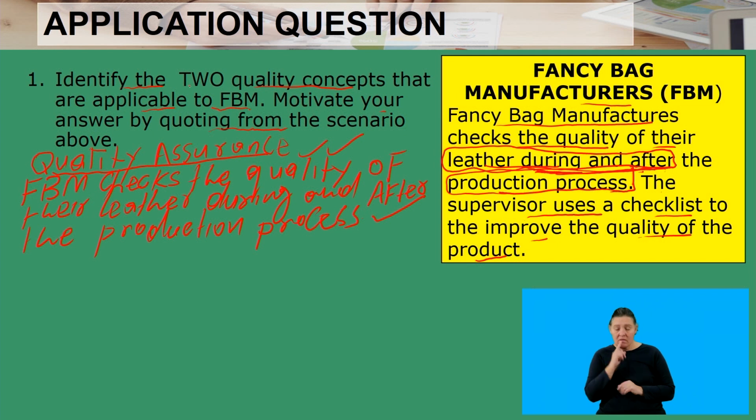But remember, the question required of you to identify 2 quality concepts. So for another quality concept that is applicable, you check that the supervisor uses a checklist. What is a supervisor? A supervisor is part of the management of the business. So this supervisor is a manager. If they are using a checklist to improve, it means they are using a tool to improve the quality of the business product.